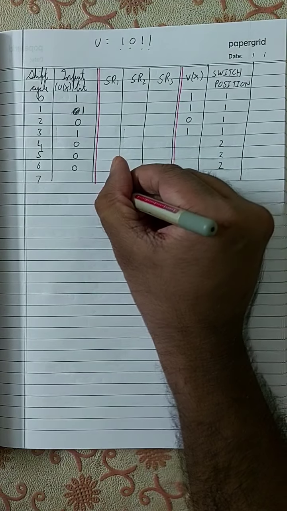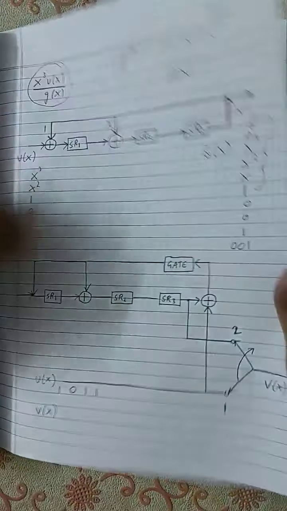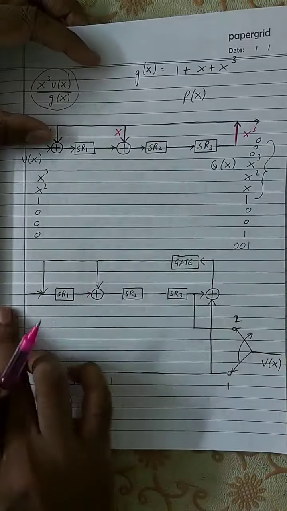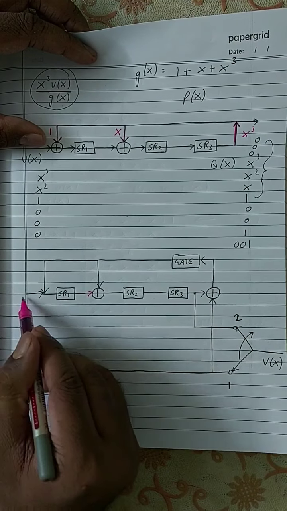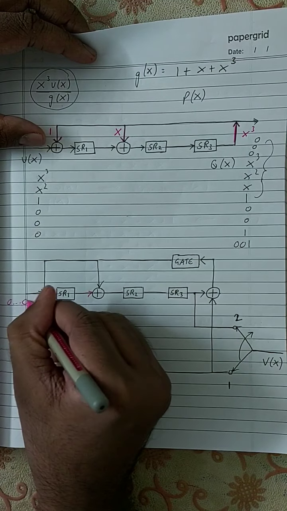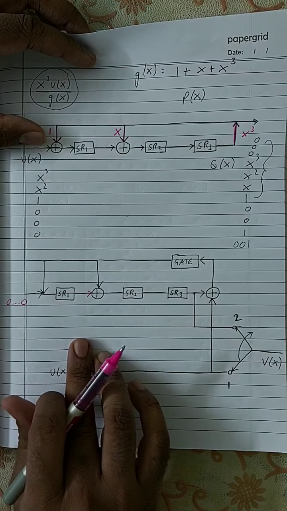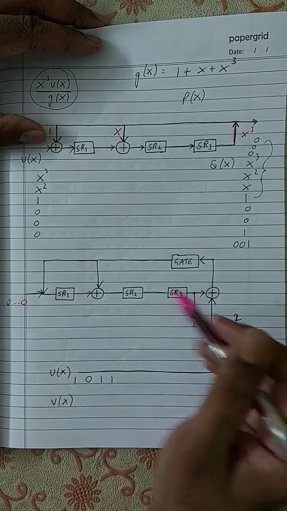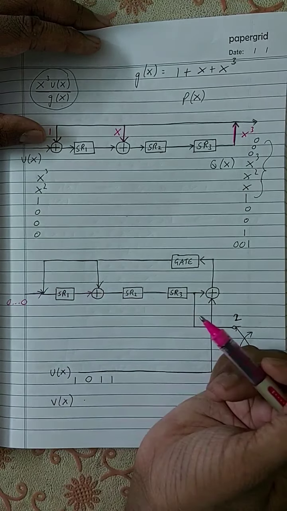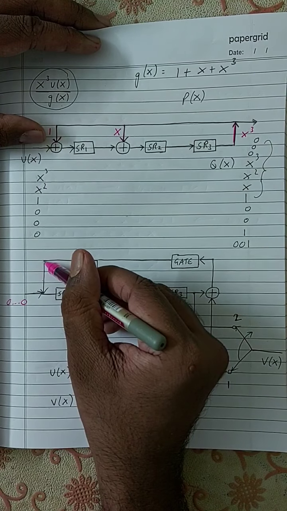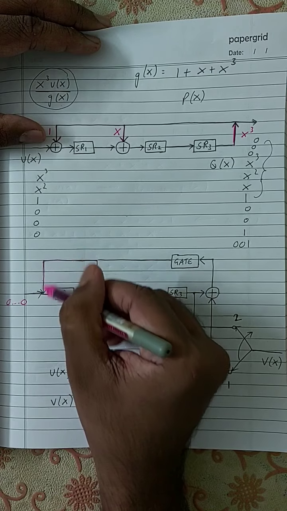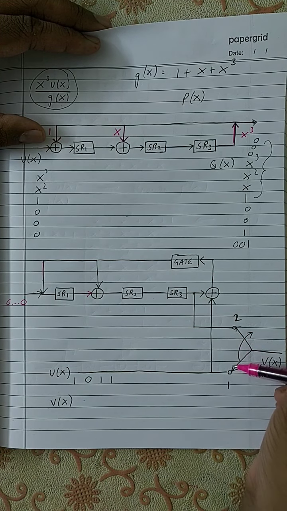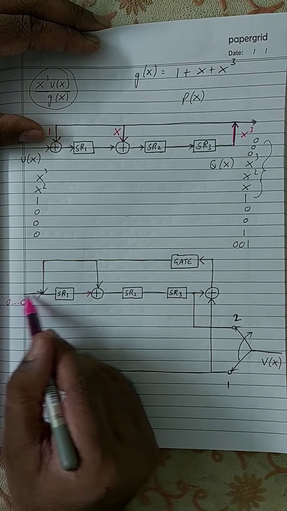Now, how will I write the input of SR1? If you look over here, this is SR1. SR1 is this arrow mark. This arrow mark represents nothing but you will be sending a bunch of zeros. What this means is that at a time only one of these two will work. First this arrow mark will be transmitting the message, and after, when this switch is in position 2, then the zeros will be sent.